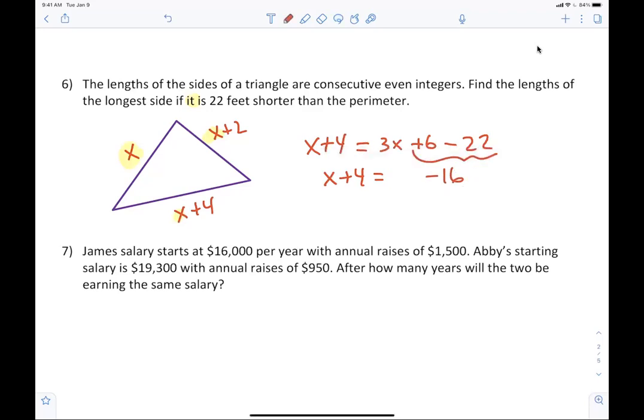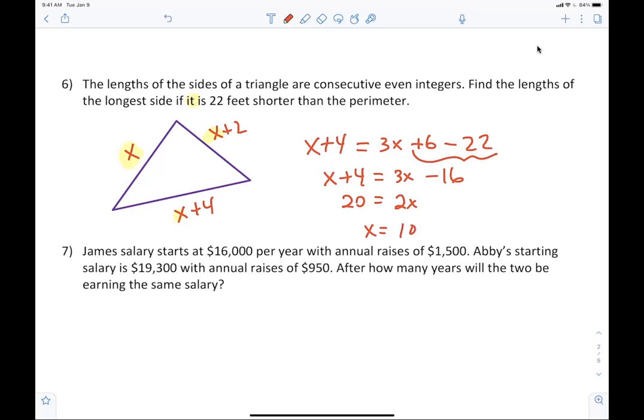All right, now you're just solving. I like to keep the x's positive, so I'm going to subtract x. What's 3x minus 1x? 2x. Now I have to add 16. 4 plus 16, 20. So what does x equal? x equals 10.